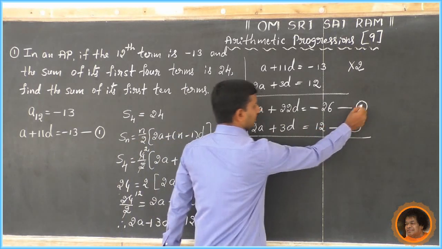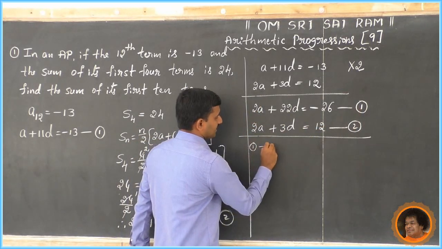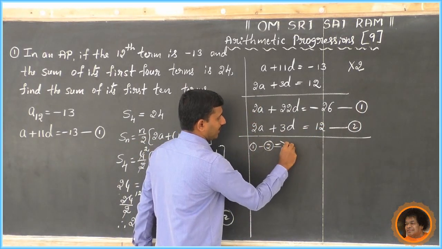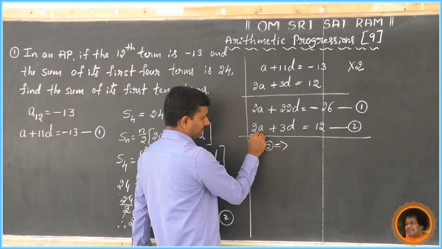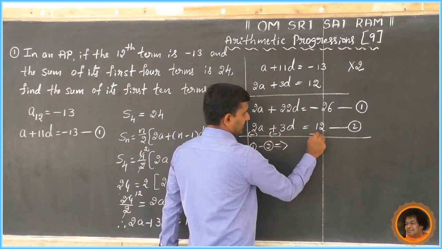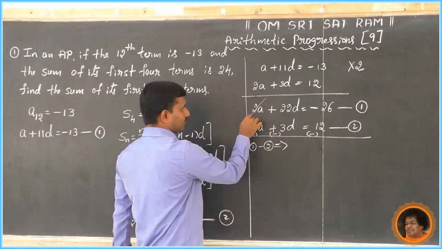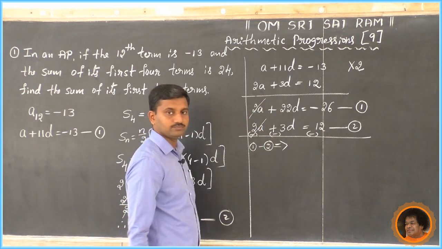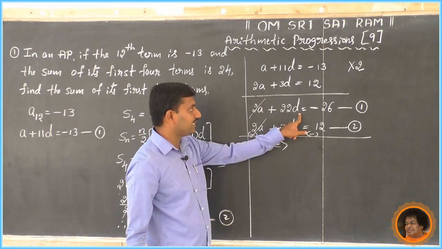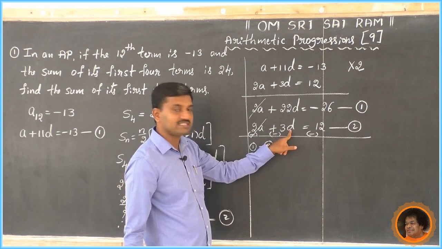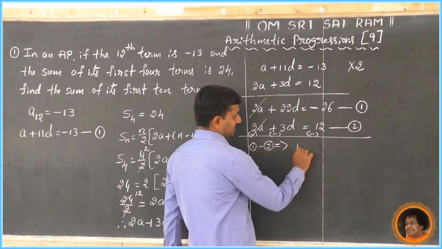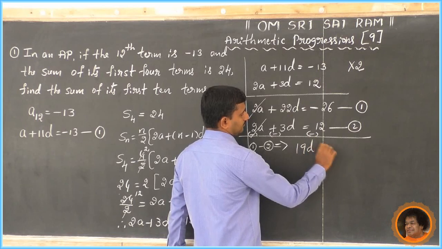So now equation 1 minus equation 2, which implies the plus becomes a minus, here also minus, here also minus. So 2a minus 2a is 0. 22d minus 3d, answer is 19d.